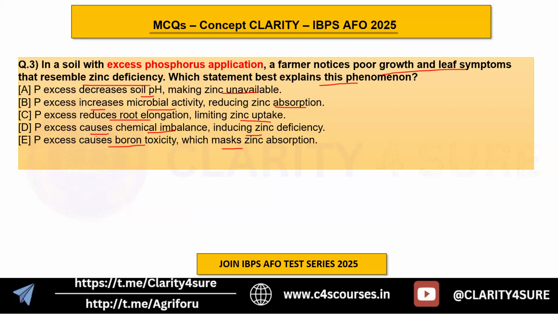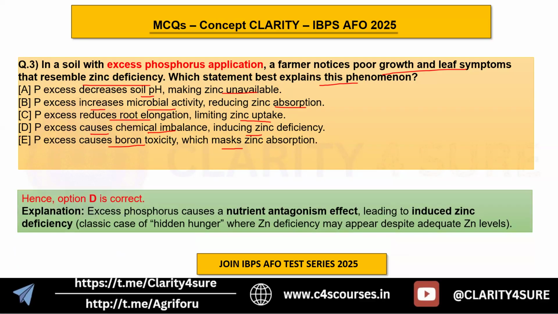The answer for this question would be option D, which is phosphorus excess causes chemical imbalances inducing zinc deficiency. Why? Because excess phosphorus causes a nutrient antagonism effect, that means a detrimental or opposite effect, leading to induced zinc deficiency, which is a classic case of hidden hunger, where zinc deficiency may appear despite adequate zinc levels.